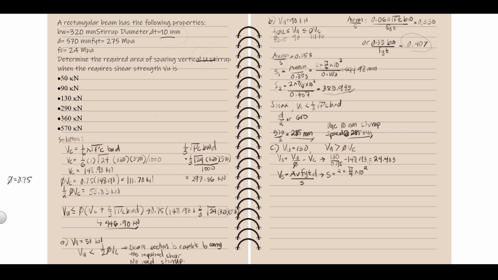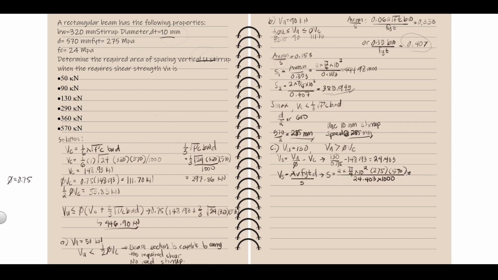Yan yung magiging AV natin. Ang FYT natin is 275. Ang ating D is 570 all over our VS. So, ang VS natin is 24.403. Pero kailangan natin gawing Newton yan. So, we need to multiply it by 1,000.